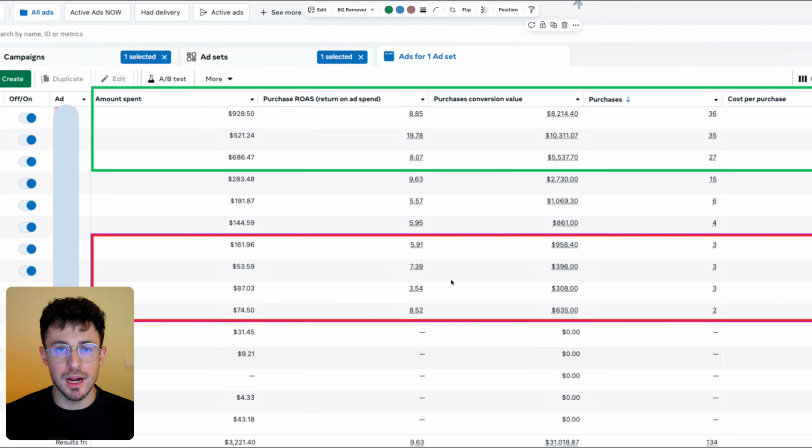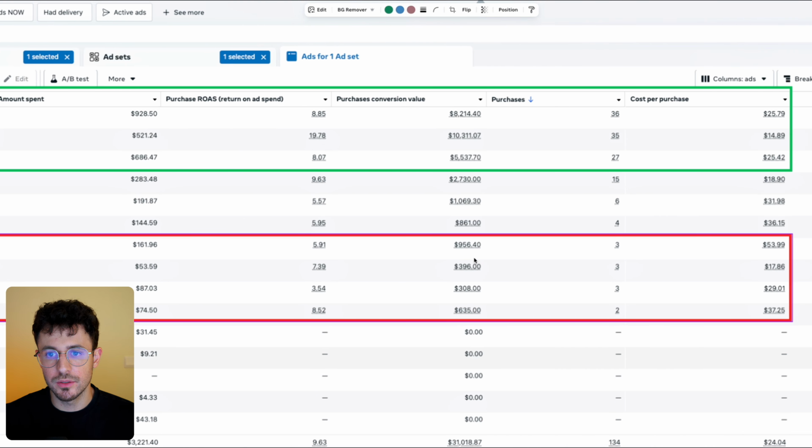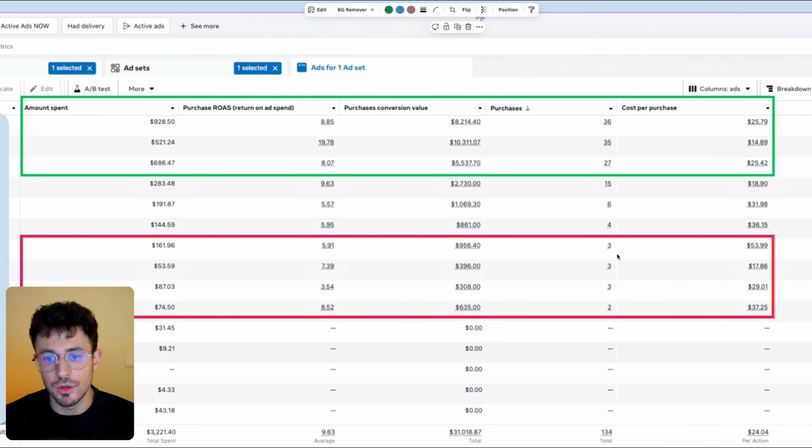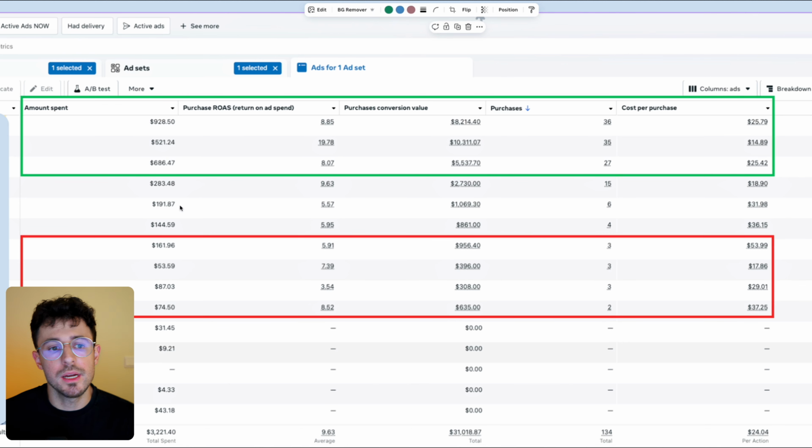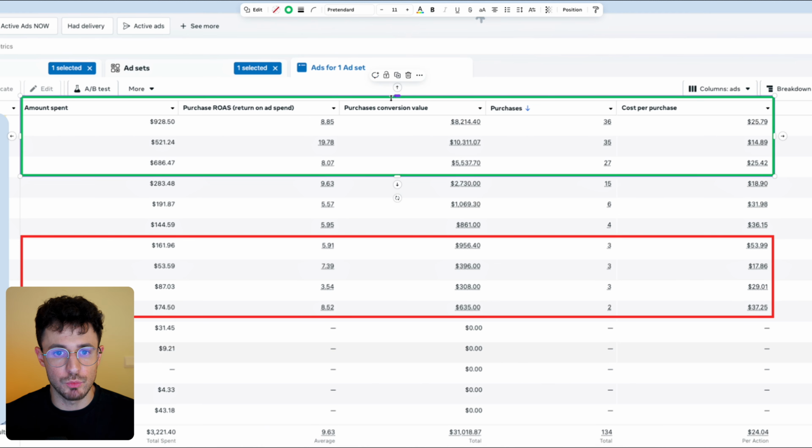Those creatives here are not winning ads, and the reason for this is because the purchases are only few. We have 2 purchases with a 50-100 spend, compared to the real winners above here that have the highest amount of spend with the highest amount of purchases and a good, sometimes very good, return on the ad spend. And these are the winning ads that we are looking for.